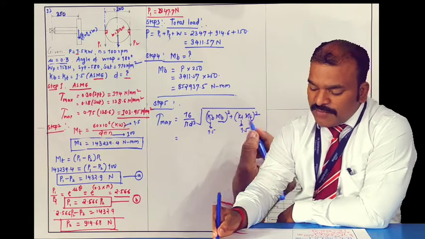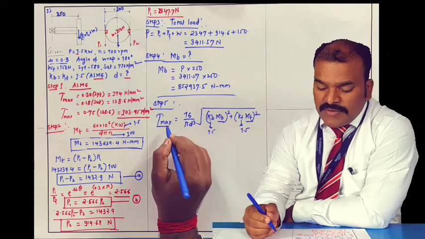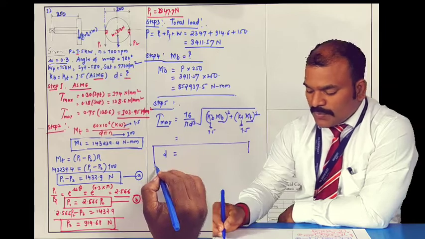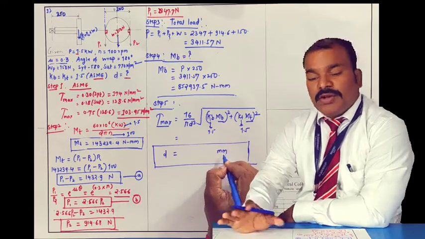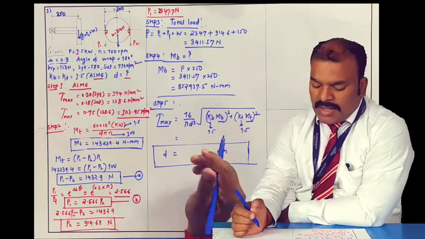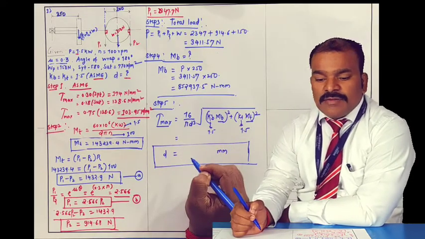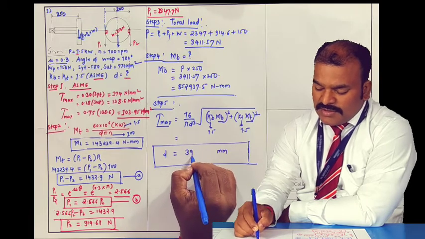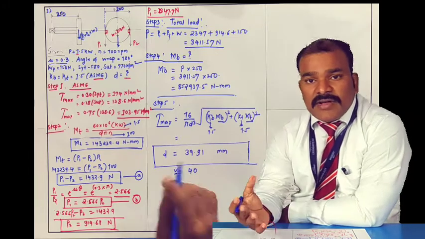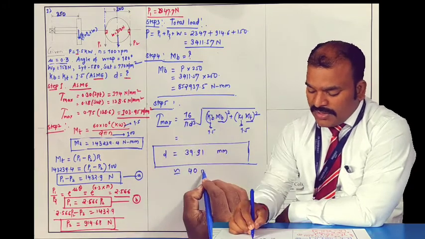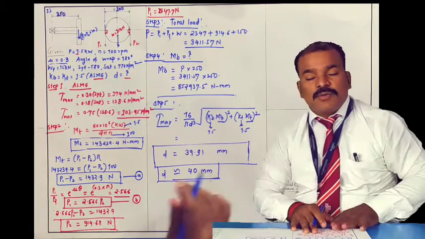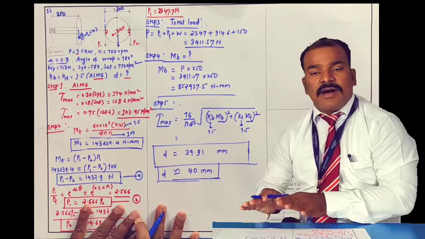MB we have calculated, MT also we have calculated, tau max also we have calculated. So remaining is d. Therefore, just try to find out d. Right now I am not putting the values because it is a very simple part. You can put them from your side and find the diameter, which for this case is 39.91 mm, nearly equal to 40 mm diameter, which needs to be selected for taking this much load, this much power, and for the RPM case.